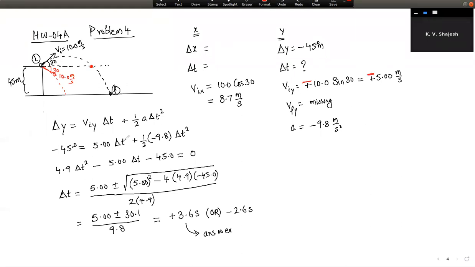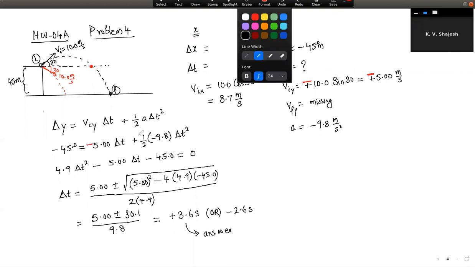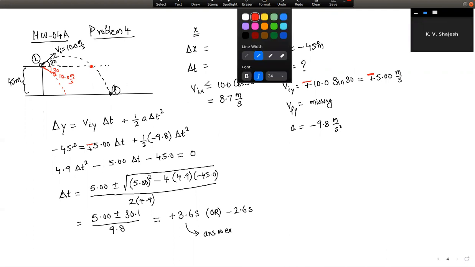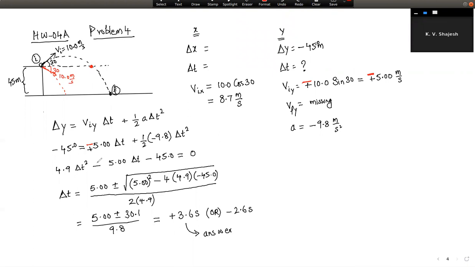That goes into your equation, and you get a negative sign here. Earlier, this was a positive sign. You get a negative sign here. When I move it to the left, this becomes plus.